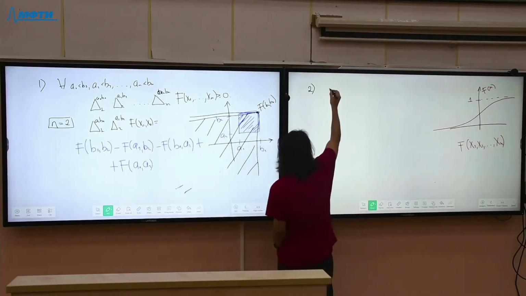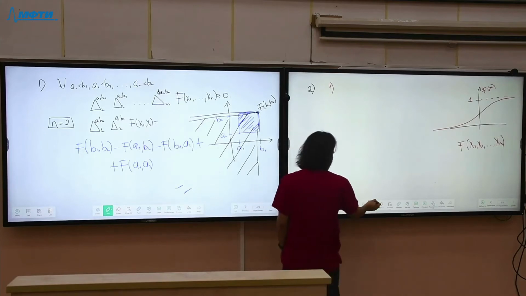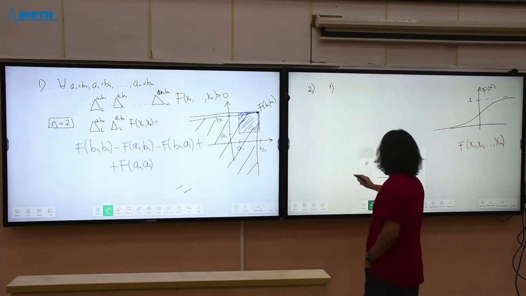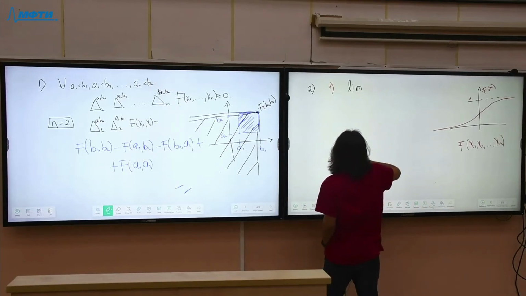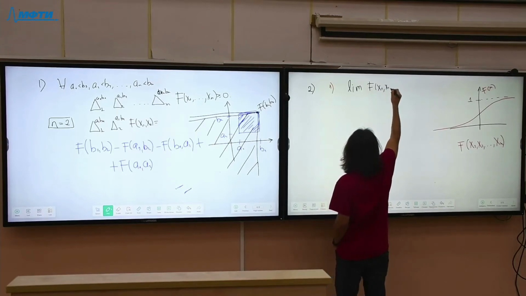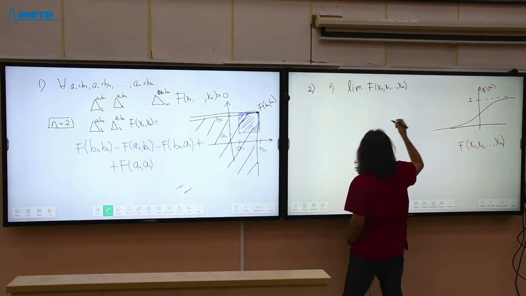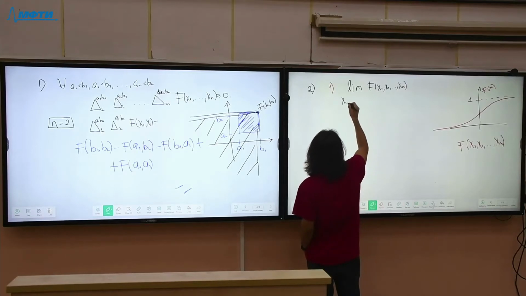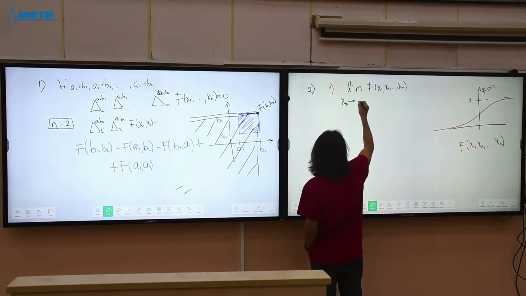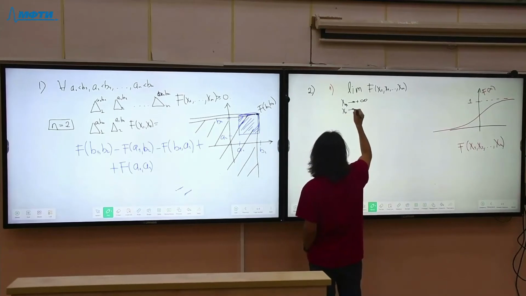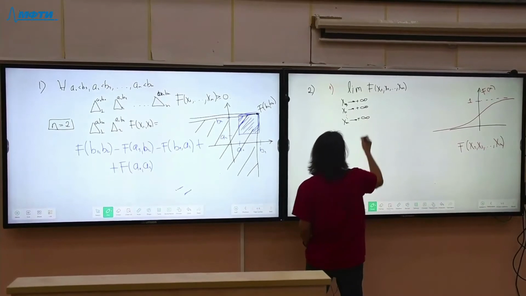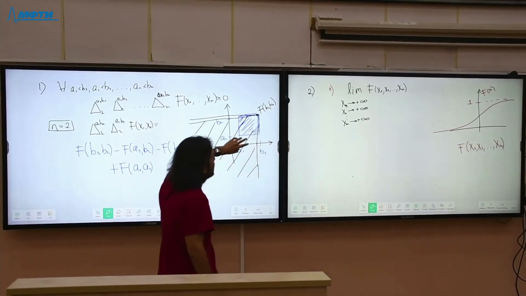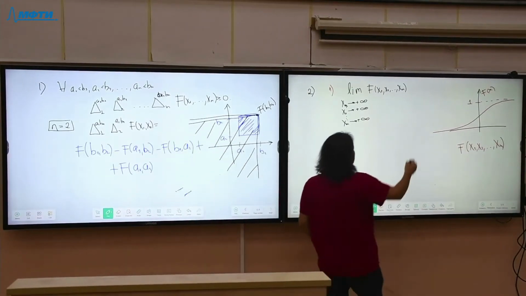The first one is that the limit of this function when each of these, x1 tends to plus infinity, x2 tends to plus infinity and xn tends to plus infinity, so they all tend to plus infinity, we see that the limit is 1.